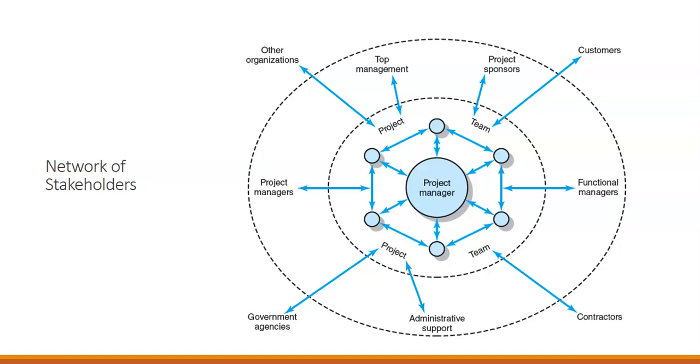You have customers, outside organizations, any contractors. If you're outsourcing resources, you might have to get through government agencies, depending on what your project is. You would have to work with government agencies for certifications, for permissions for building. If you're doing anything with food and drugs, you need FDA and USDA approval. So depending on the project, you're going to have a variety of stakeholders.